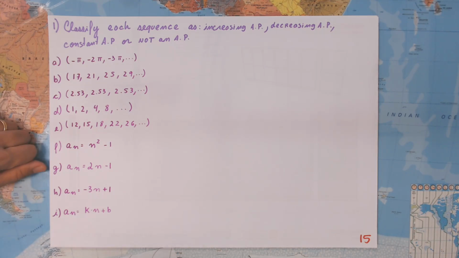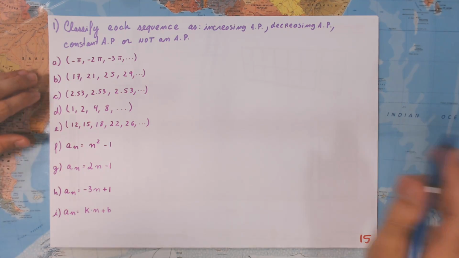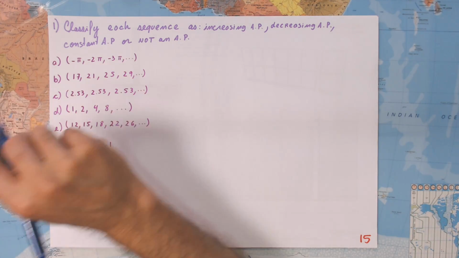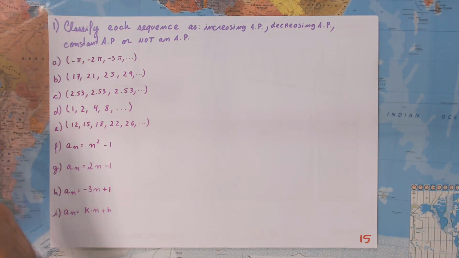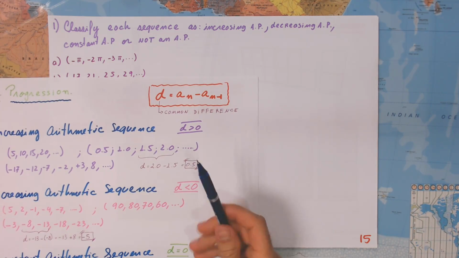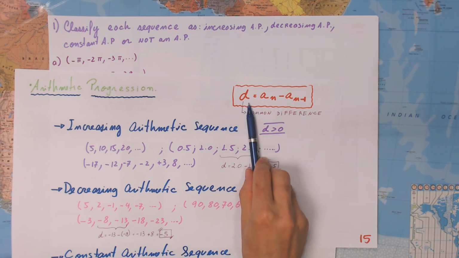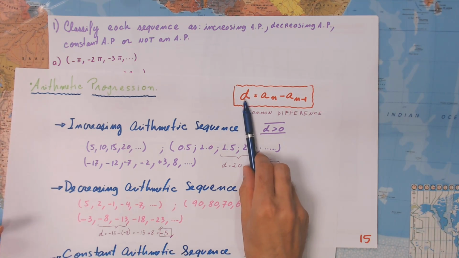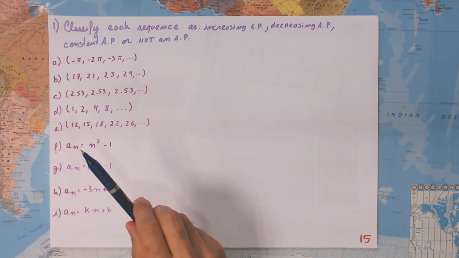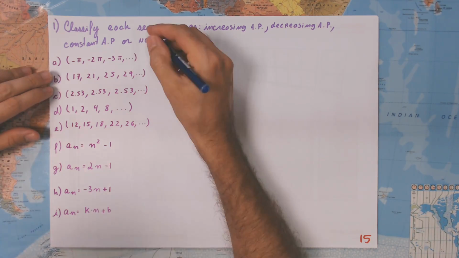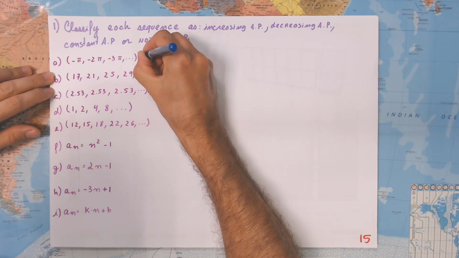Okay, assuming that you have paused it for a minute, the first thing I want to do is let's just find out what the common difference is. Okay, we're going to calculate D first. So what is D in here? Let's think through.